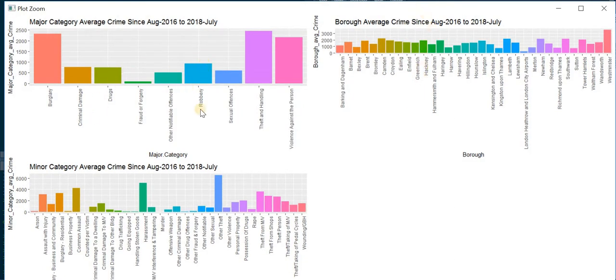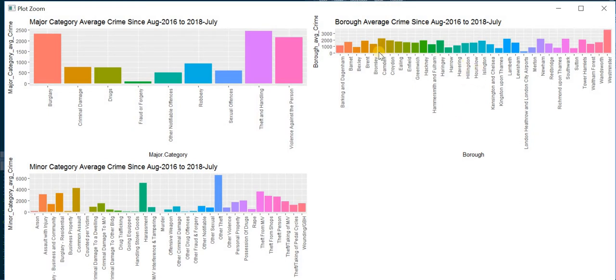So from here you can visualize that Westminster is higher, and you can see why: probably because theft and handling is slightly higher, and within that, other theft is slightly higher. You can probably further drill down onto Westminster and see what major and minor crimes are committed there.